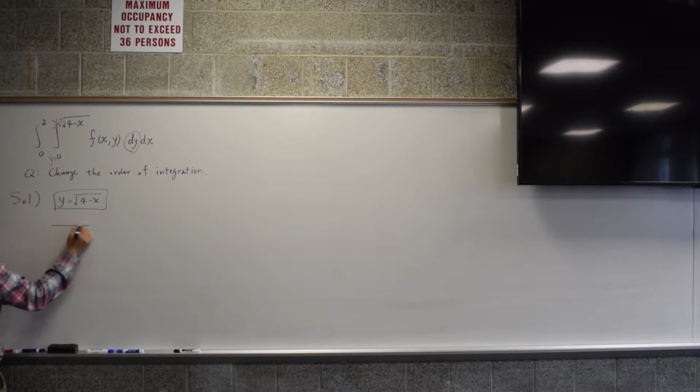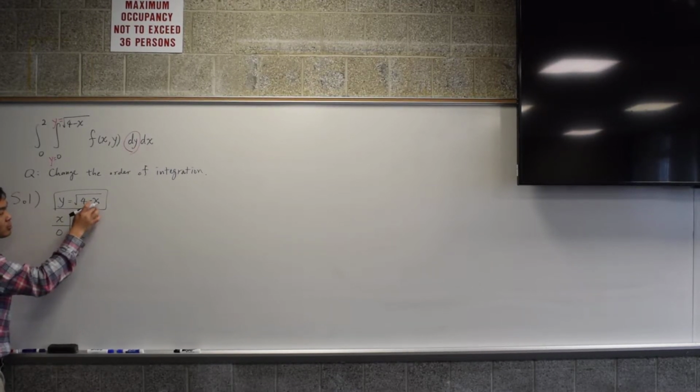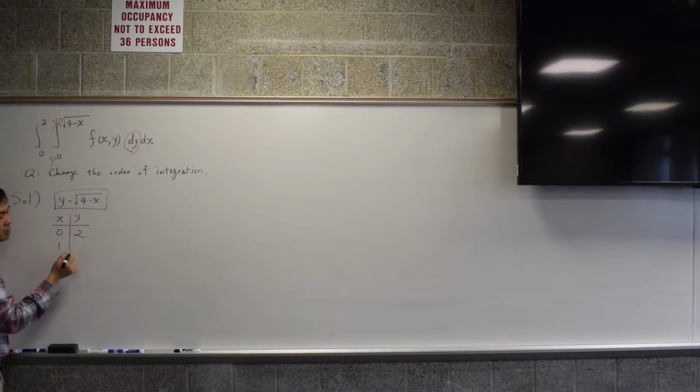So let's plot a few values, x and y. If x is 0, y is 2. If x is, let's see, what's the next good number? If I plug in 1, plugging in 1 doesn't do much because you get 4 minus 1, which is 3, square root of 3.